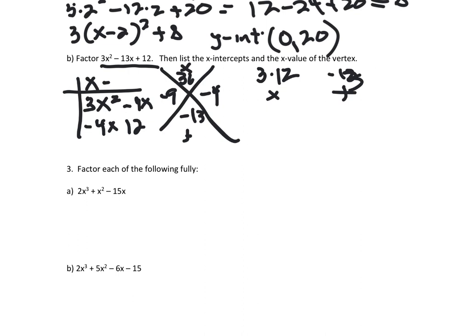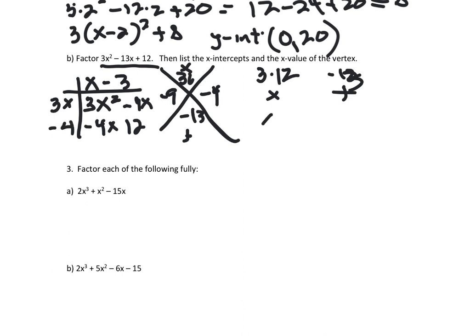We want the sign to be negative because the 9 is negative. For 3x squared and negative 9x, we want to have the greatest common factor as 3x. Again, the sign is positive because the 3 in the closer term, 3x squared, is positive. And then down here we have negative 4x plus 12, so we have negative 4 as the greatest common factor.